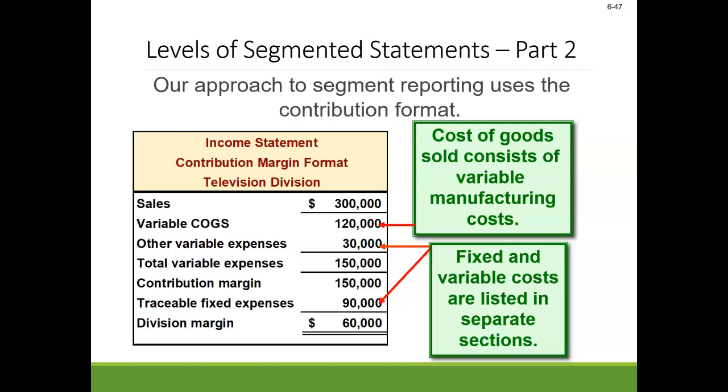Then we've got some other variable expenses to come up with our contribution margin. We take from this segmented income statement the traceable fixed cost in order for us to see what kind of profit this specific segment is bringing in.